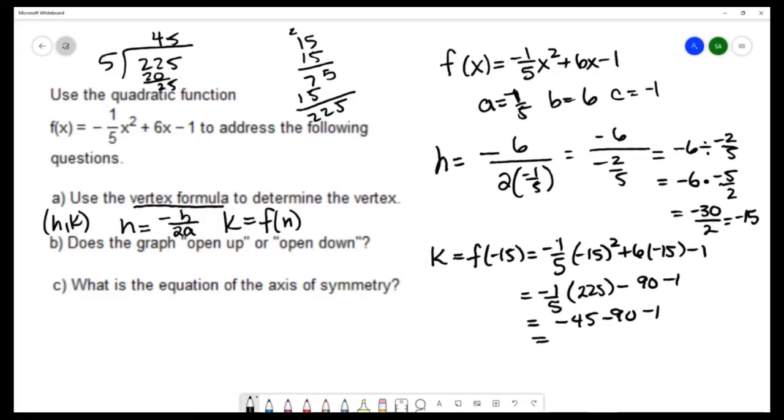And that gives a negative 135 minus 1, that's negative 134.